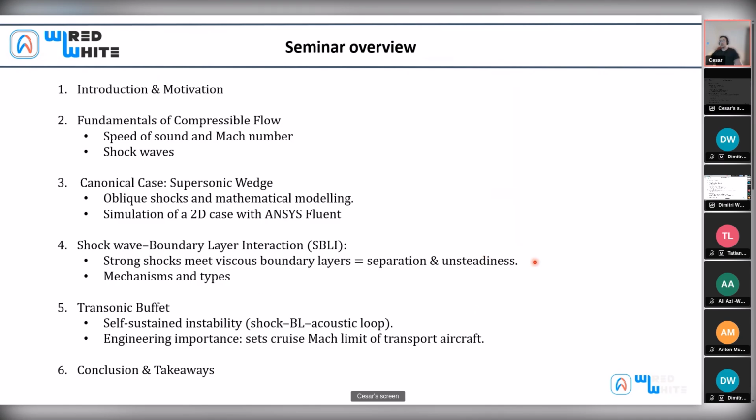Then we will tackle the interaction between shockwaves and incoming boundary layers. And then we will see a major supersonic instability that occurs in wings at the transonic region. And we will finish with conclusions, takeaways, and any questions that you want to ask me.